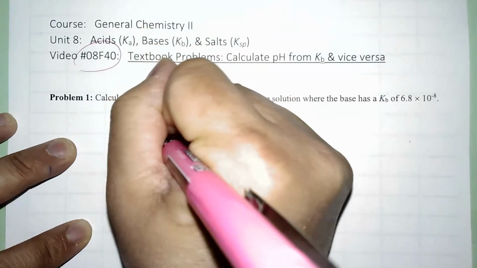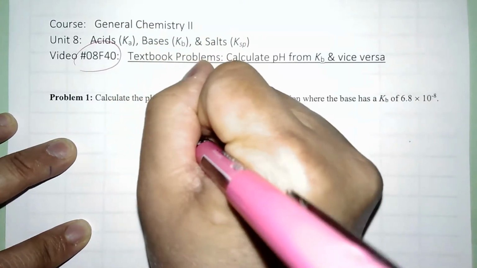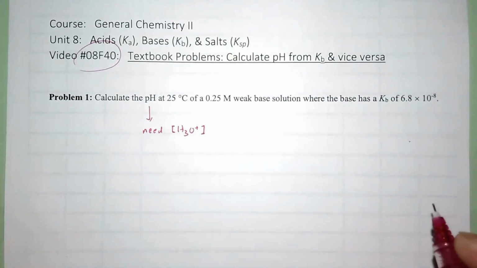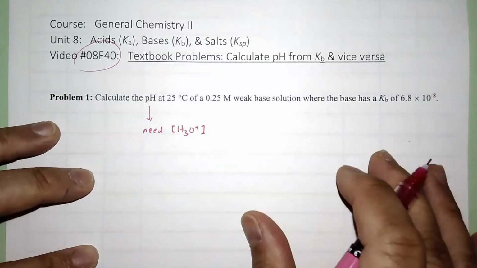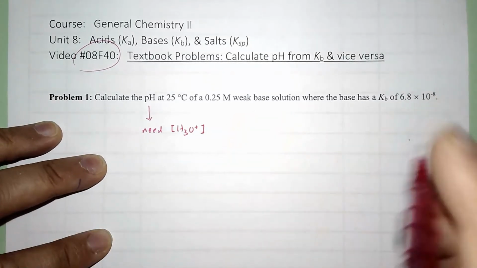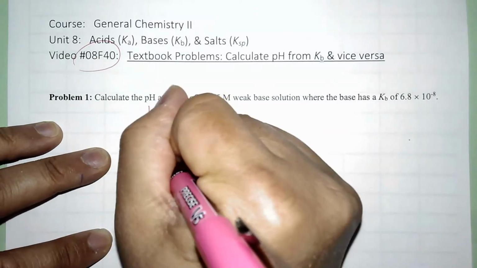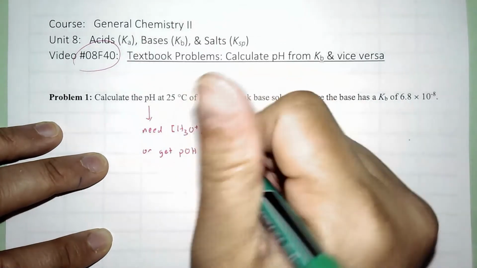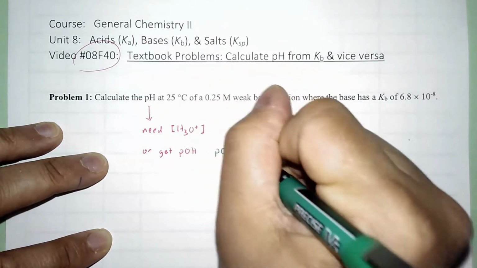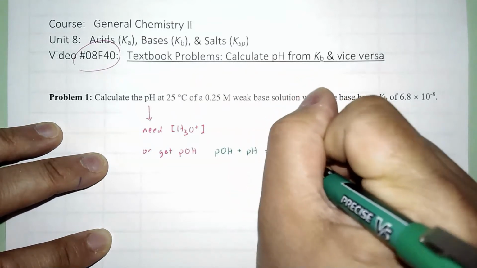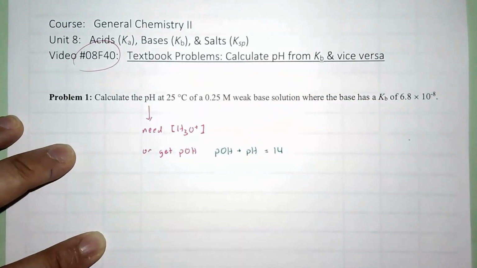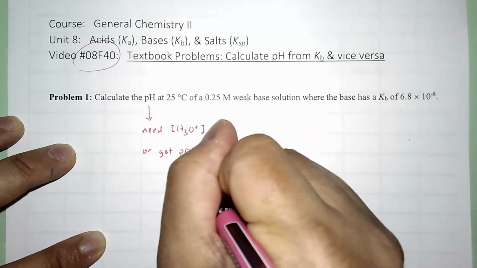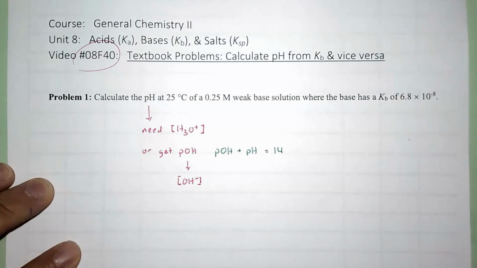We need the concentration of H3O+, or since we're working from the base point of view, if we could get pOH, then we know the equation pOH plus pH equals 14. And to get pOH, we need the concentration of OH minus. So there are a couple steps.